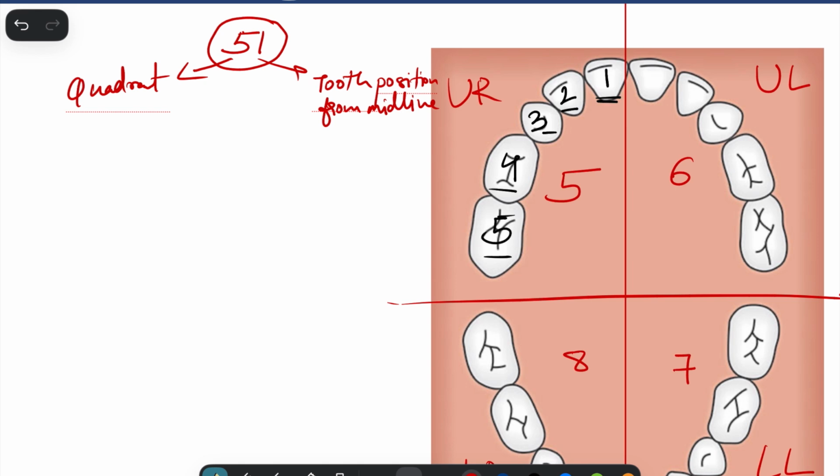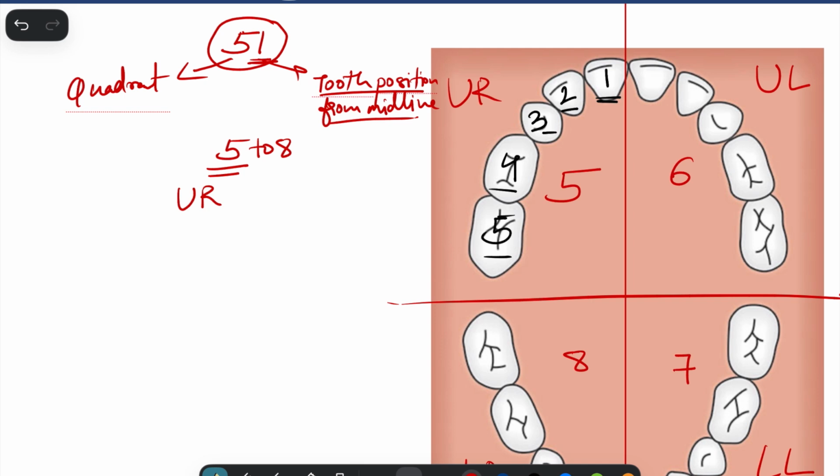So, as I told you earlier, in the primary dentition, we represent our quadrant from 5 to 8. So, number 5 represents the upper right quadrant. And then we have tooth number 1. So, this is the tooth position from the midline. Now, 1 represents the closest tooth from the midline.